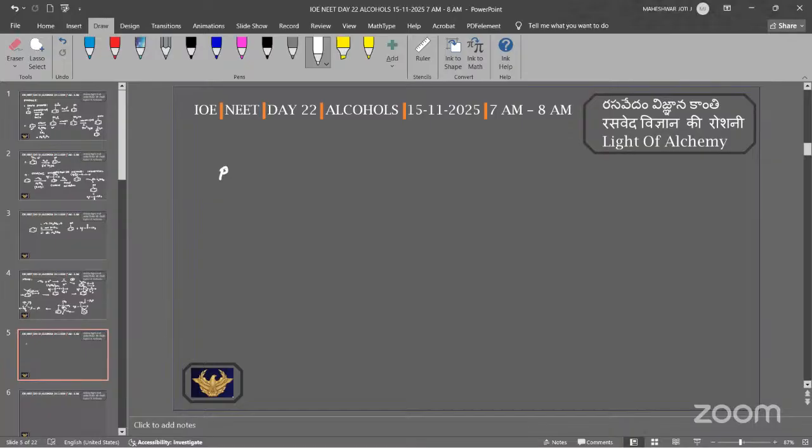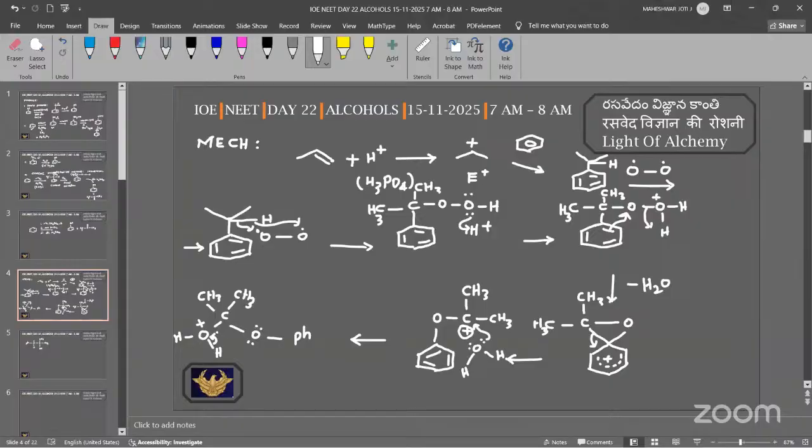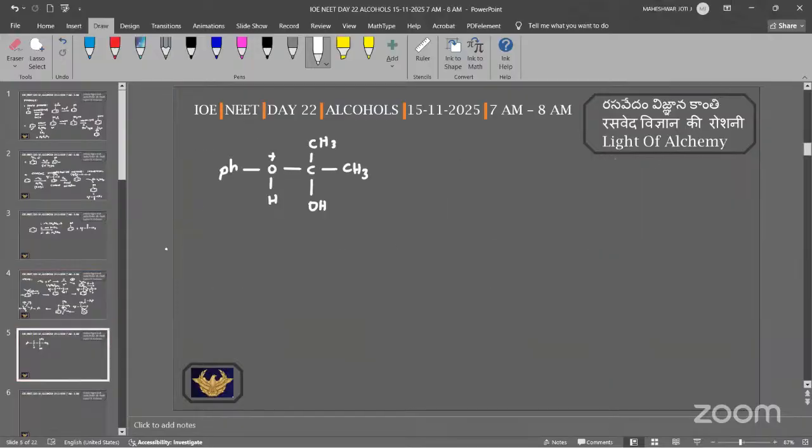See here, Ph, O, C, CH3, CH3, this is OH, and here hydrogen with a positive charge, right? Now formation of this compound from this oxonium ion is a reversible reaction.